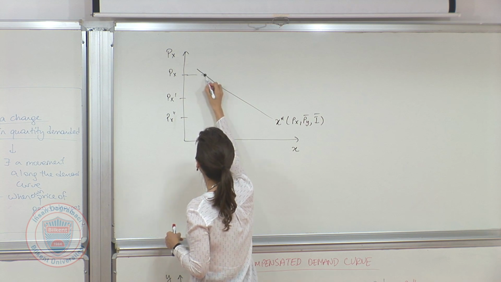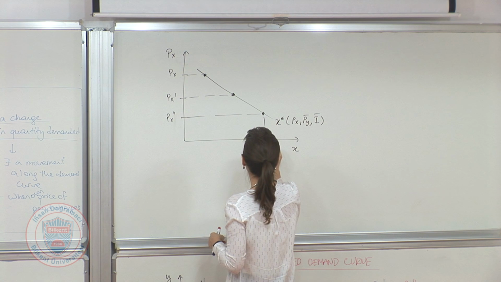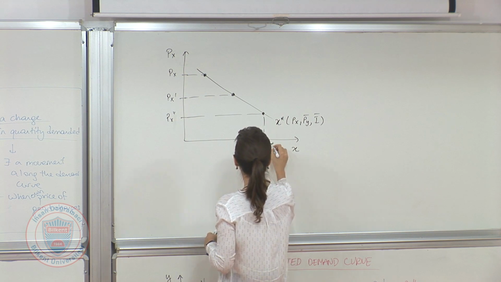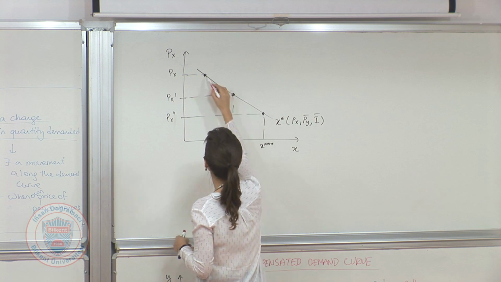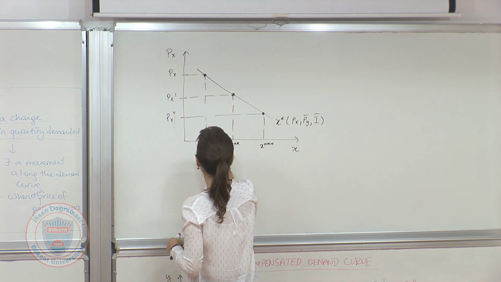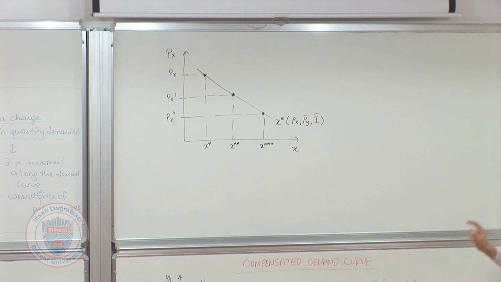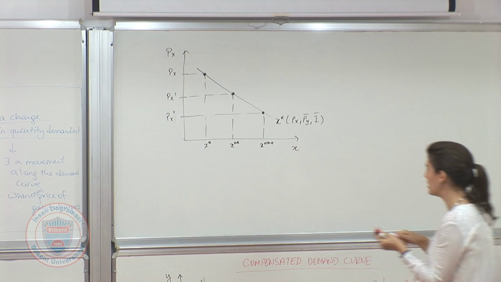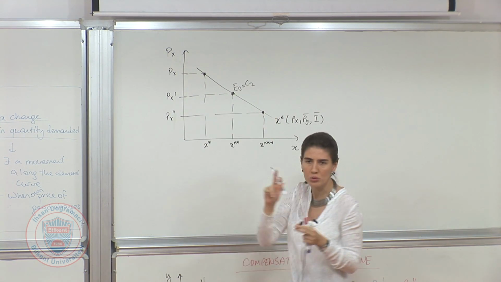And I have all these points. Remember, this was x triple star, x double star, x star. Now I want to draw the compensated one. How should I draw this? Do you think I should draw it steeper or flatter than this one? And don't forget that E2 is equal to C2, so at this point, they should be the same, right?